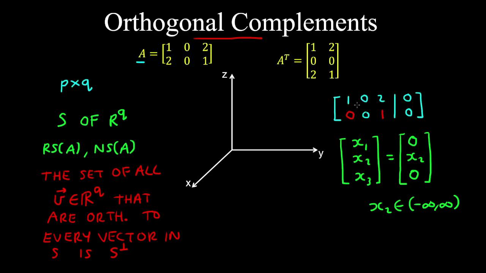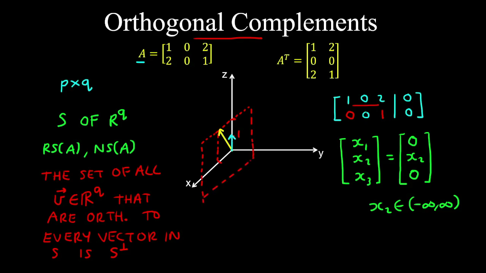And here we have these two vectors spanning the row space of A. So these have components x equals 1, y equals 0, and z equals 2. So that's the first row vector. And the second row vector has components x equals 0, y equals 0, and z equals 1. So it looks something like this. So the span of these two vectors is the xz plane passing through the origin.